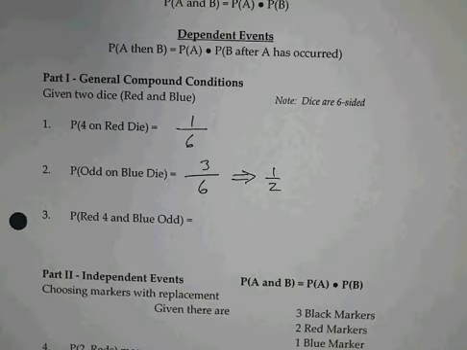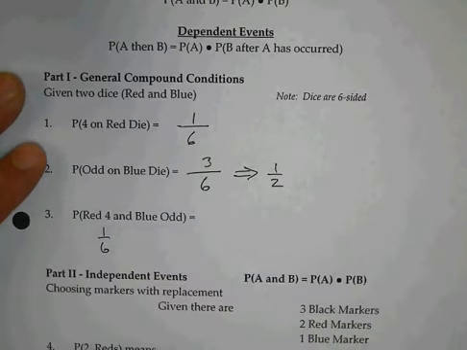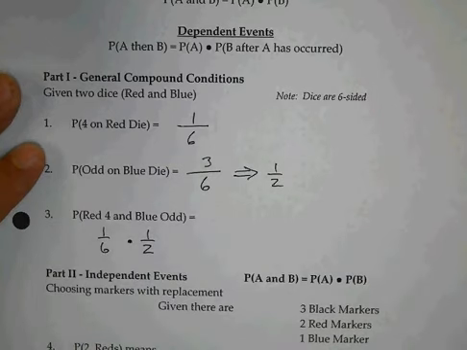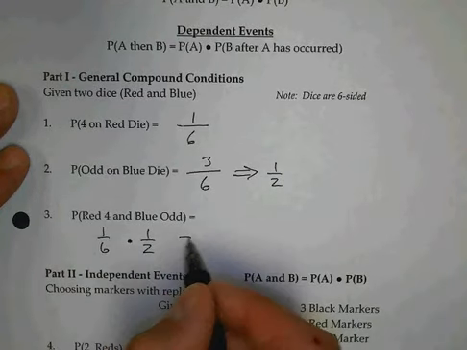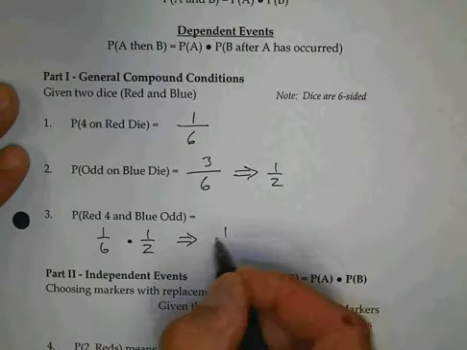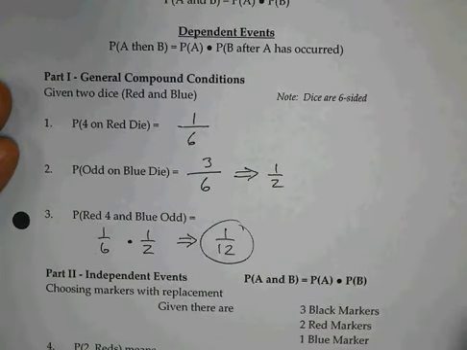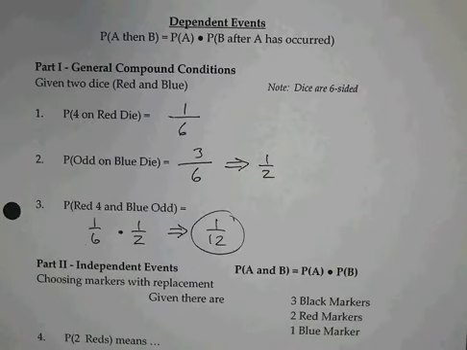So the probability of getting both the red 4, which is 1/6, and the blue odd, which is 1/2, we multiply the fractions together. When you multiply the fractions together, what do you get? 1/12. So is it likely that that's going to happen? Probably not.